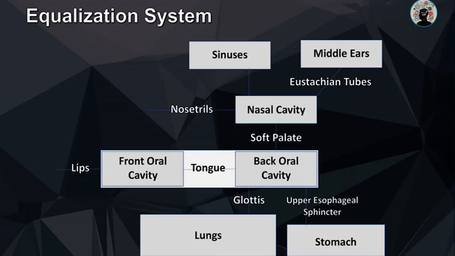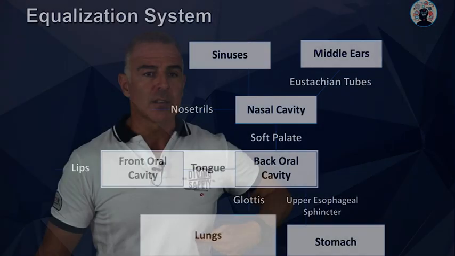But if you analyze this flow chart, you can understand if your soft palate is open or closed. If you're just inhaling through the nose, the air goes through the nose, into the nasal cavity, into the back oral cavity, into the lungs. So even if you don't feel your soft palate, it is going to be open, and your glottis is going to be open. We will see in different situations, performing the dry skills, how important this flow chart is.